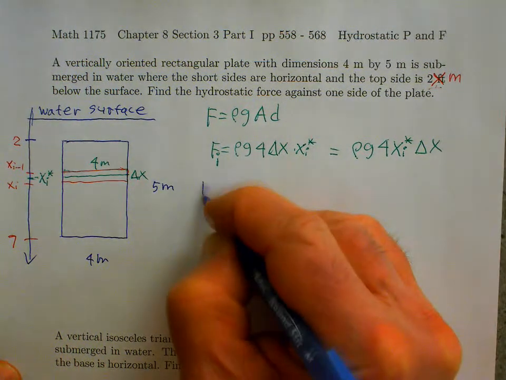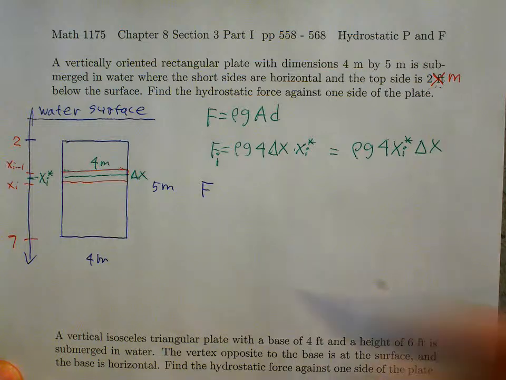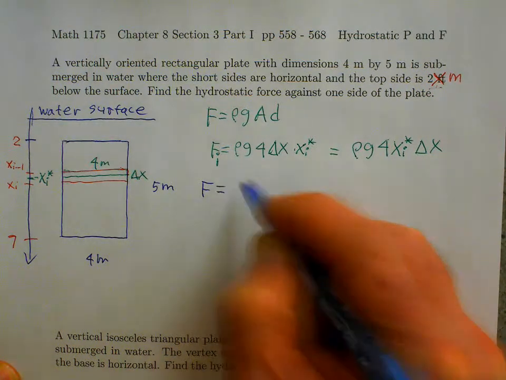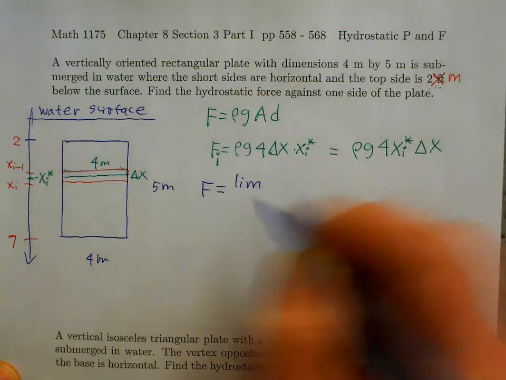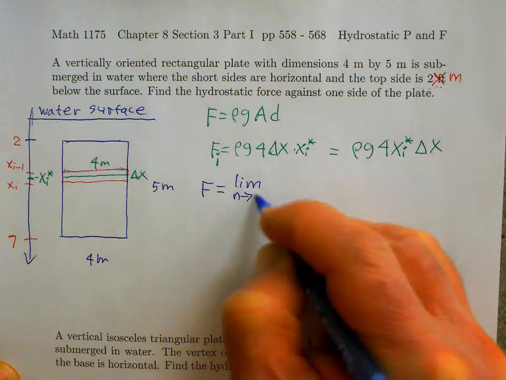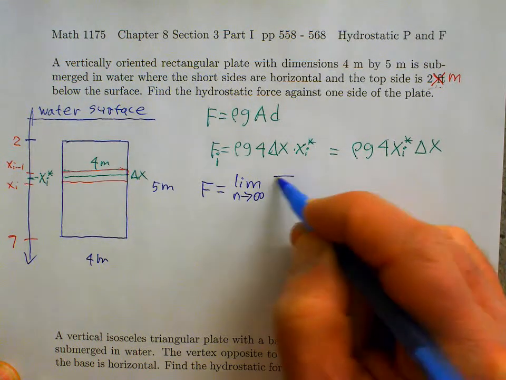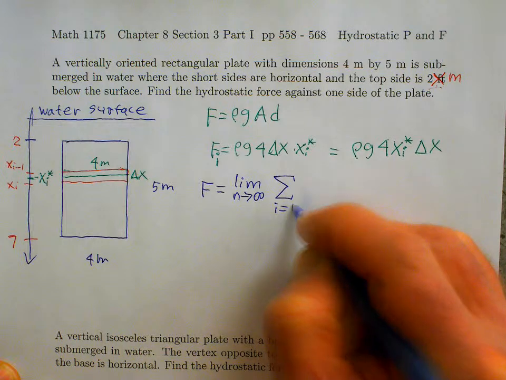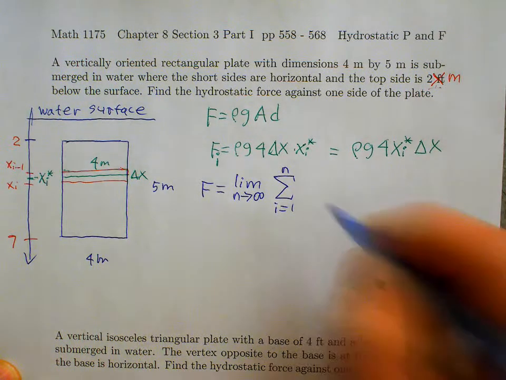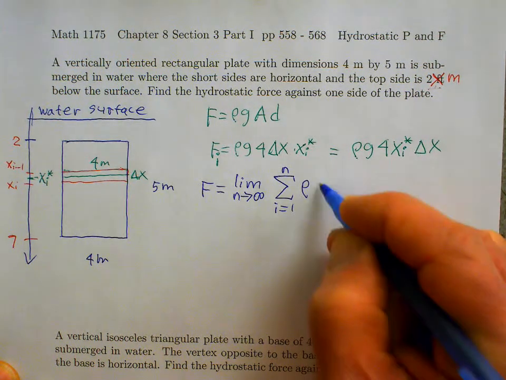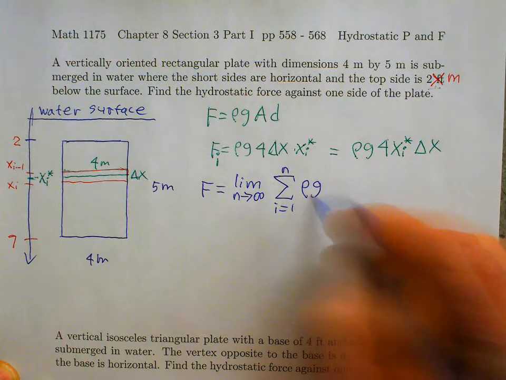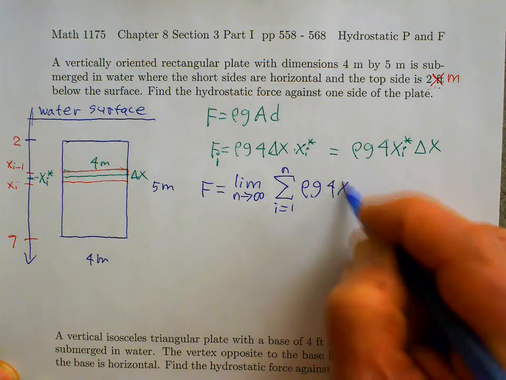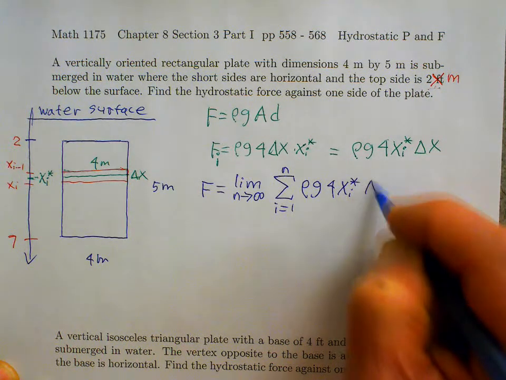Okay, so the total hydrostatic force is equal to the limit as n approaches infinity of the Riemann sum from i equals 1 to n of rho times g times 4 times x sub i star times delta x.